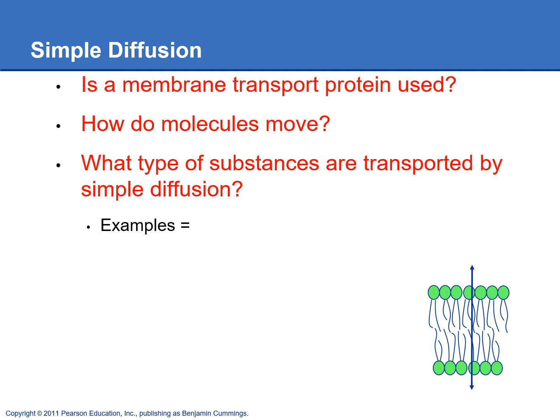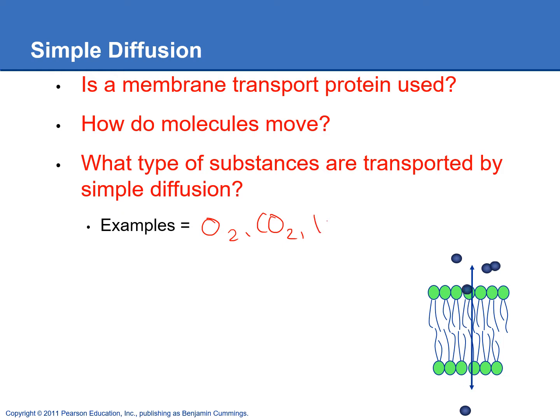The types of substances that are transported by simple diffusion are hydrophobic nonpolar molecules and also small polar molecules like water. So some examples of hydrophobic nonpolar molecules would be things like oxygen and carbon dioxide.